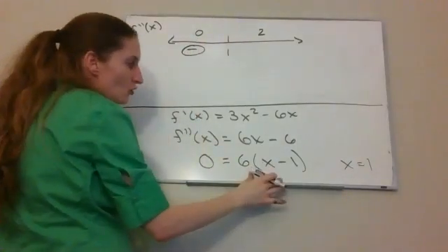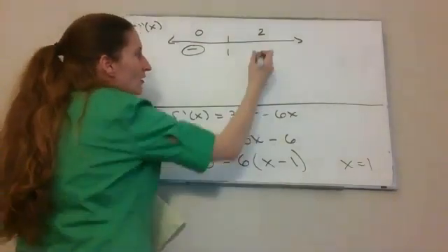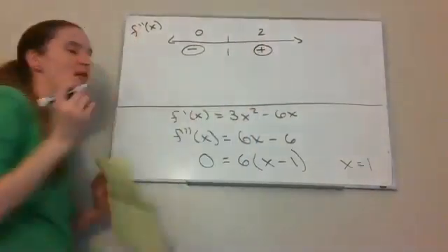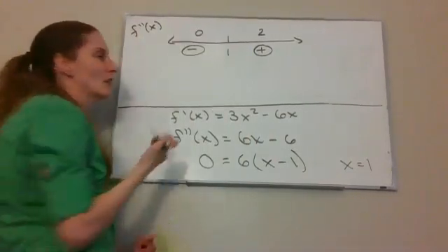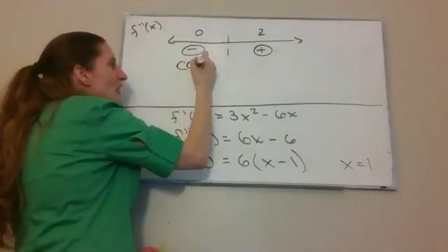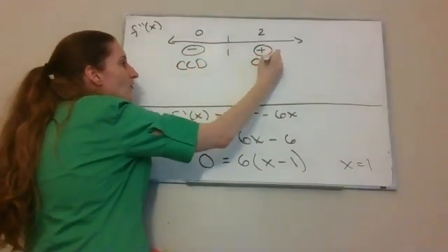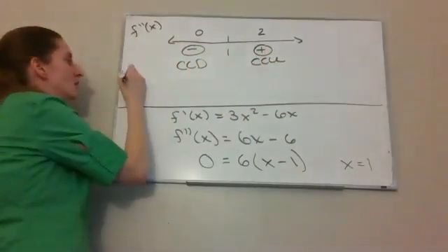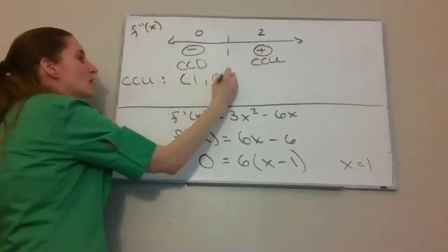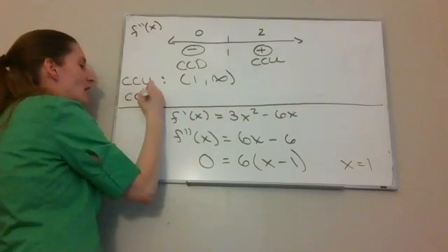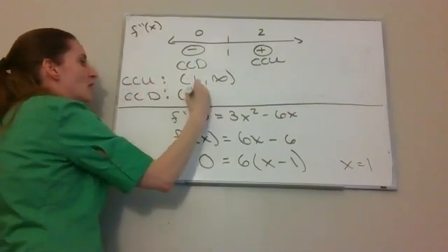If I plug a 2 in, I would get 6 times 1, which is positive. Now we just have to remember what negative and positive mean with the second derivative. When it's negative, you're concave down. Positive is concave up. So I'm concave up on the interval 1 to infinity, and I'm concave down from negative infinity to 1.